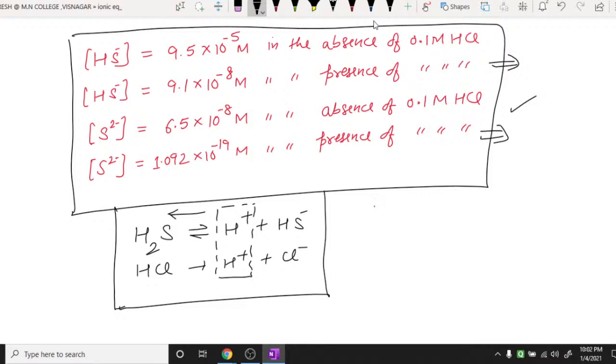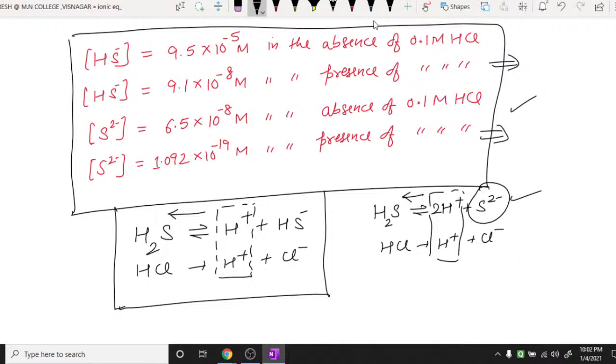Now in case of H2S to give 2H plus and S2 negative ion, again when HCl is present, then due to the presence of common ion effect, dissociation of H2S is further suppressed and S2 negative ion concentration decreases. Here HS negative ion concentration decreases.